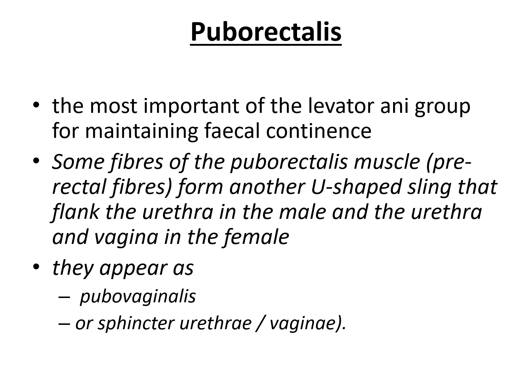From the puborectalis, we have some fibers which make a U-shaped sling also around the urethra and the vagina in females, and they are named pubovaginalis or sphincter urethrae. So the puborectalis can have two other parts. In males we have the sphincter urethrae definitely, but in females we have pubovaginalis.